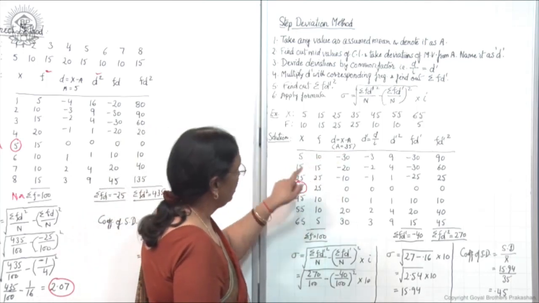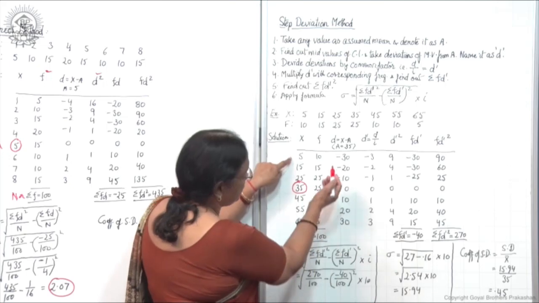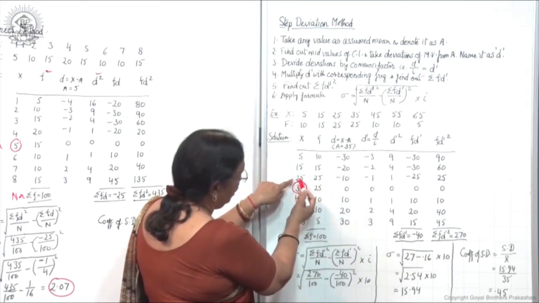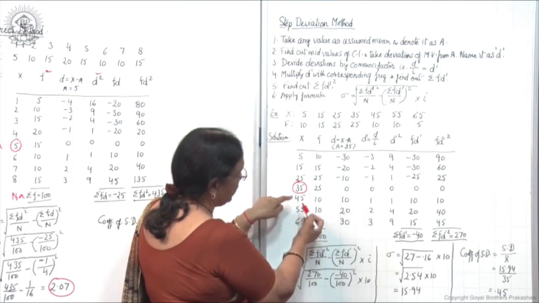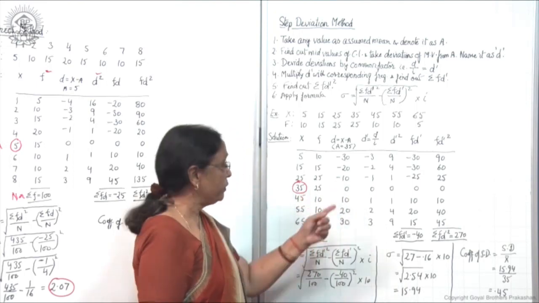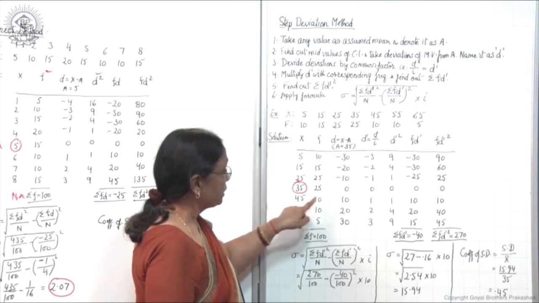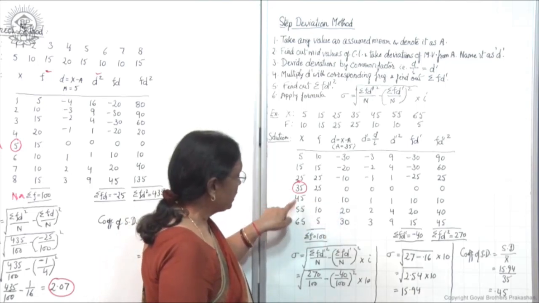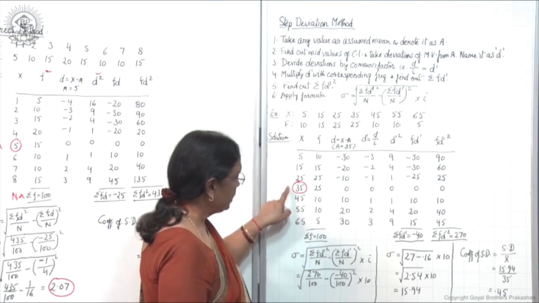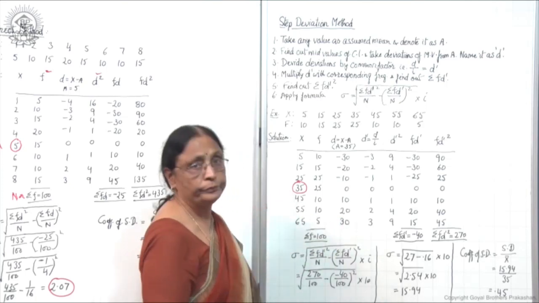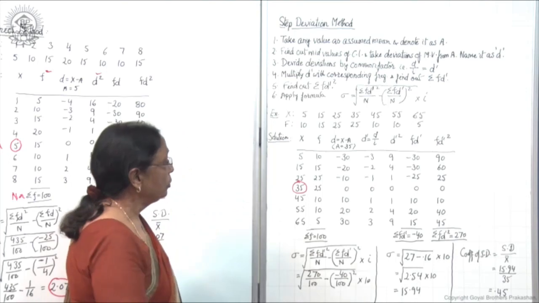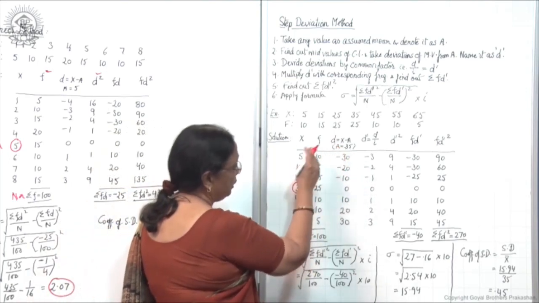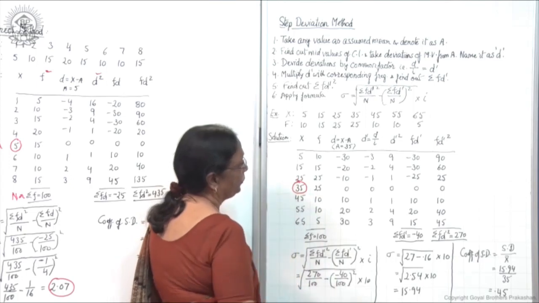A is 35. 5 minus 35 is minus 30, 15 minus 35 is minus 20, 25 minus 35 is minus 10, 35 minus 35 is 0, 45 minus 35 is 10, 55 minus 35 is 20, 65 minus 35 is 30. So, x minus A you will calculate and name it D. Take out deviations from the assumed mean.